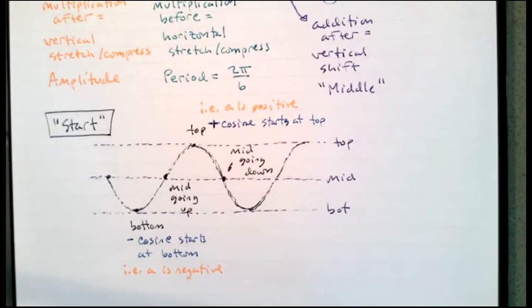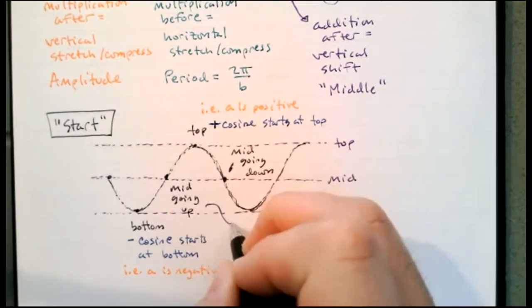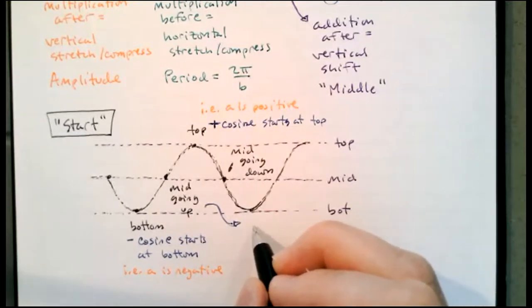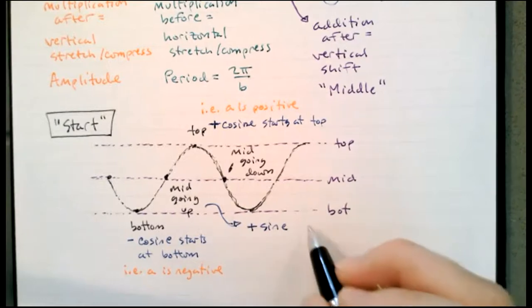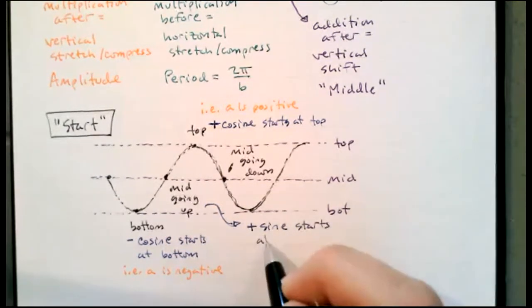So you can guess where the middle ones are going to be. The middle ones are going to be the sine. There's a middle going up and a middle going down. One of them is going to be positive sine, one of them is going to be negative sine, and it's pretty much exactly what you would guess. The middle going up is going to be a positive sine. Positive sine starts at the mid going up.